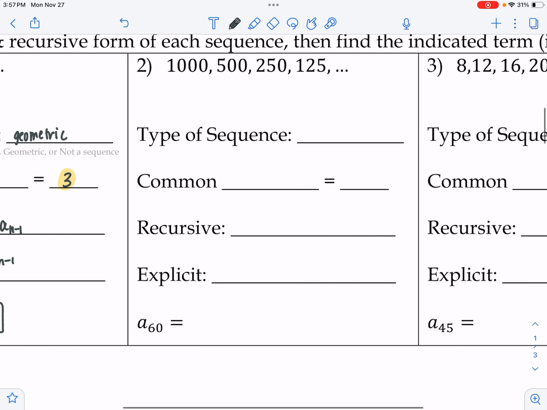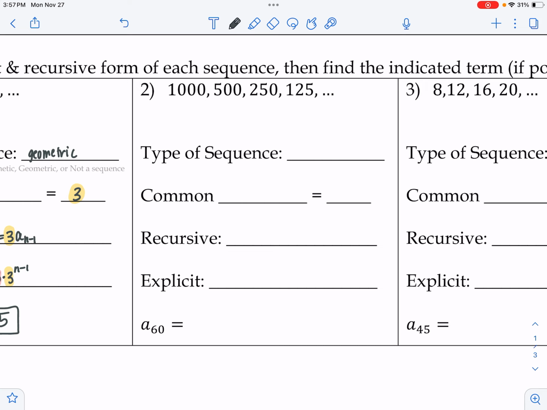Okay, this next example, we go from 1,000 to 500 to 250. That's multiplying by 1/2. So once again, this is geometric. We still have a common ratio for geometric sequences, and this time it's 1/2.